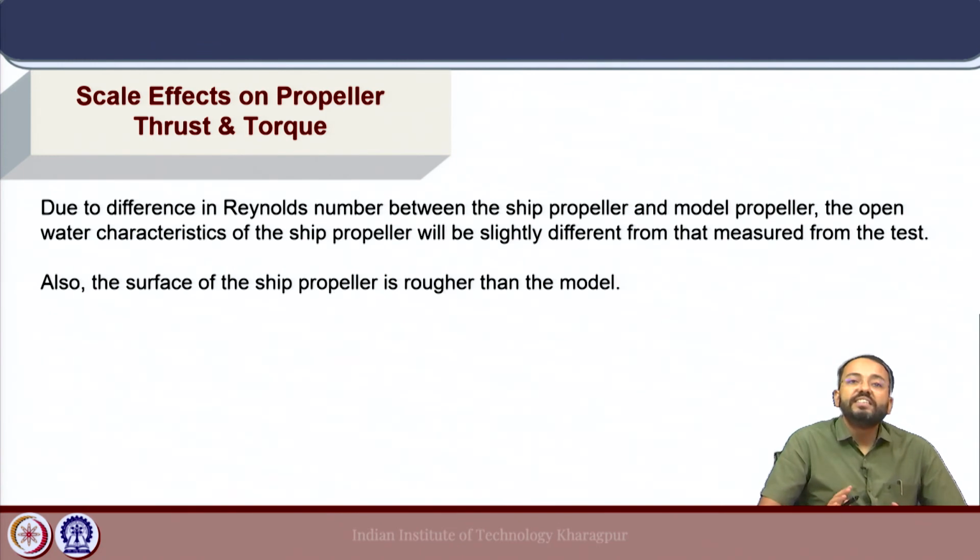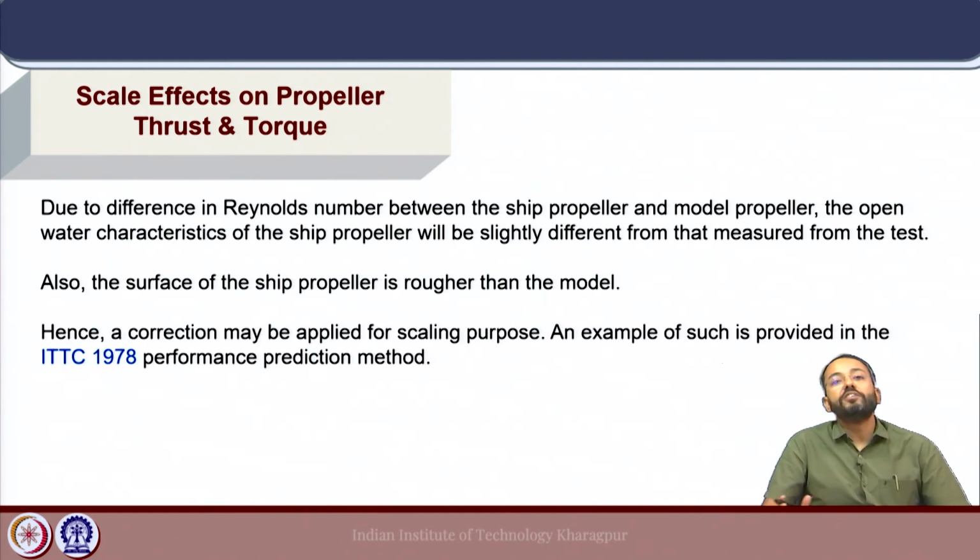Also, another reason is that the ship propeller surface is much rougher as compared to the model scale propeller. So, because of the change in Reynolds number and roughness effects, the model scale results may be corrected, or some extrapolation procedure may be applied to get the full scale propeller performance from the open water diagram.